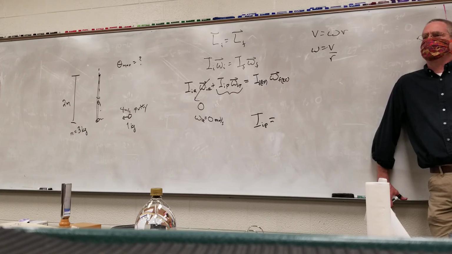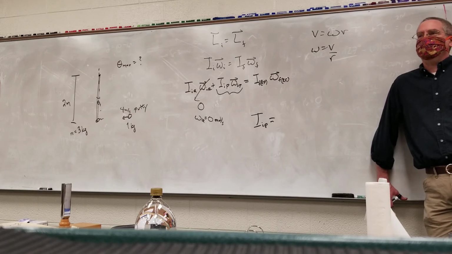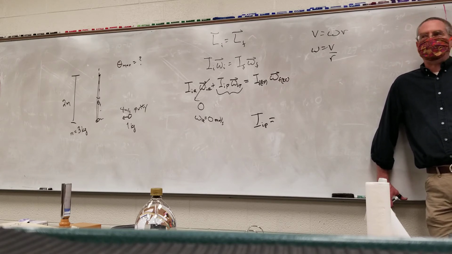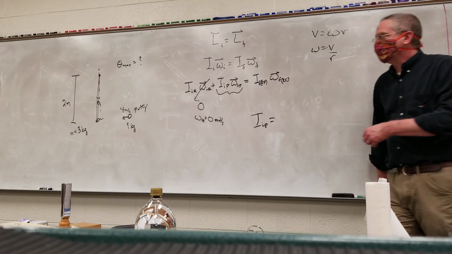Do they have point mass in the table there? Well, I guess not. We could treat it like a sphere. Let's do it the long way, because it sounds like you really want us to do it the long way.